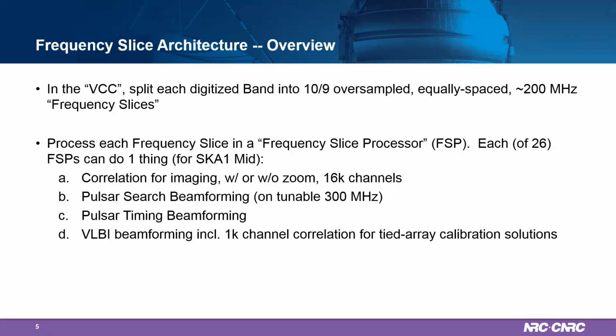And then these frequency slices are distributed to a number of frequency slice processors, which gets the same frequency slice for all of the antennas, and then it performs one operation, which for SKA mid can be either correlation, pulsar beamforming, for pulsar search, pulsar timing beamforming, or VLBI beamforming.